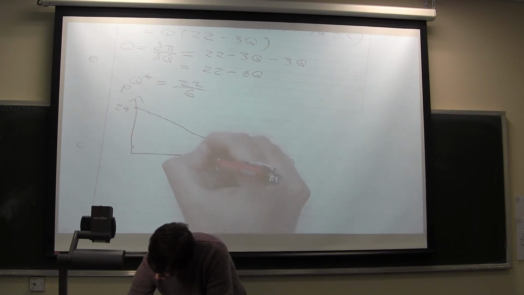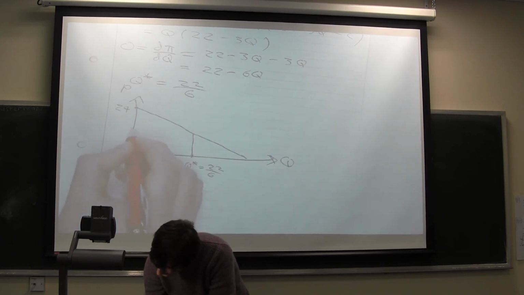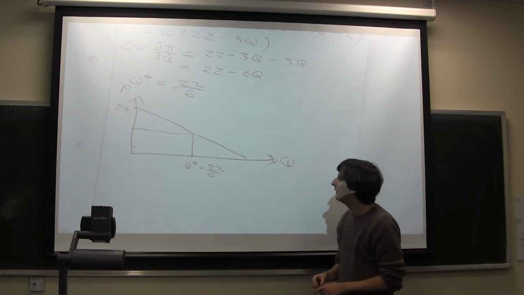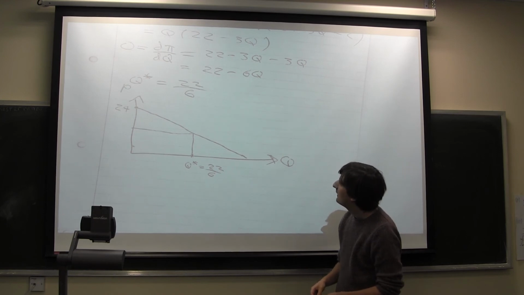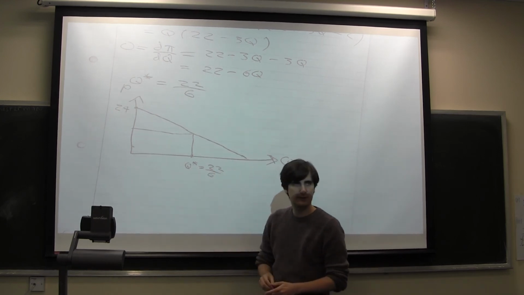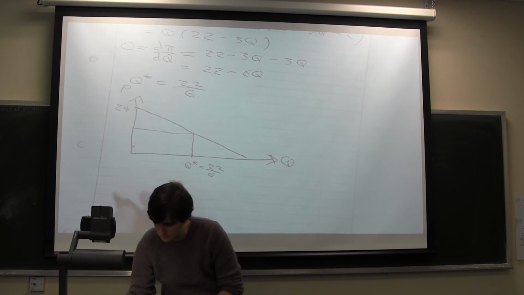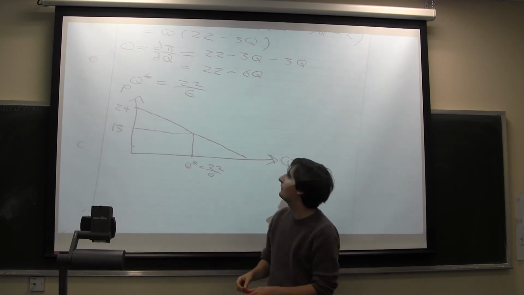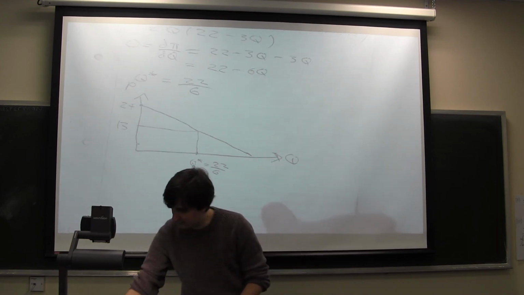So it's there. What's the price of this quantity? 13. So to work out the price, we just substitute into the demand curve.